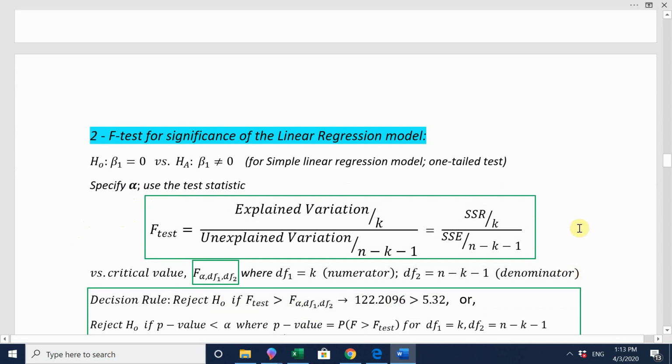So this is the test statistic that we get from our sample observations. We are comparing the explained variation divided by the number of parameters in our regression model. So in a simple linear regression model, k here equals 1 because we've only got one predictor.